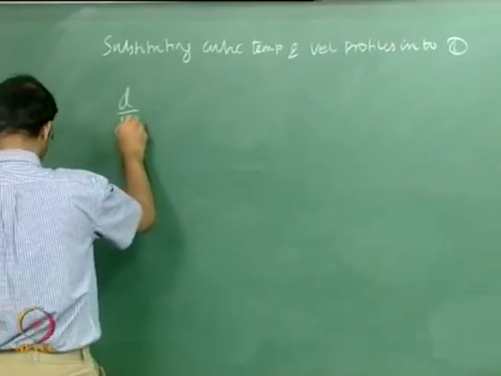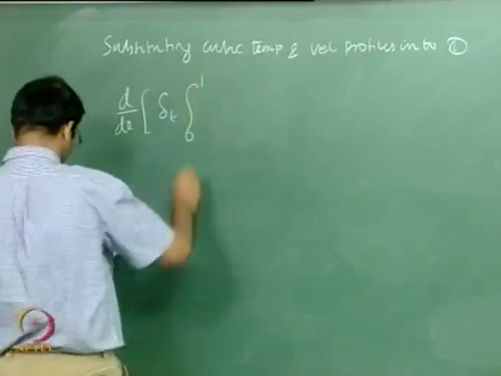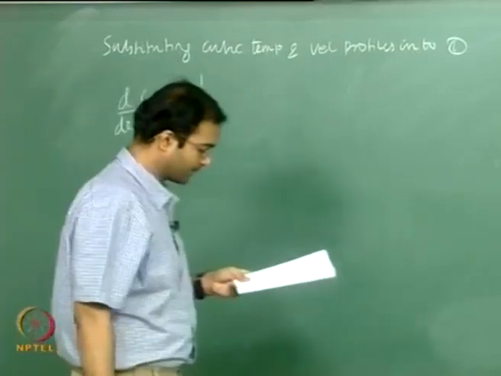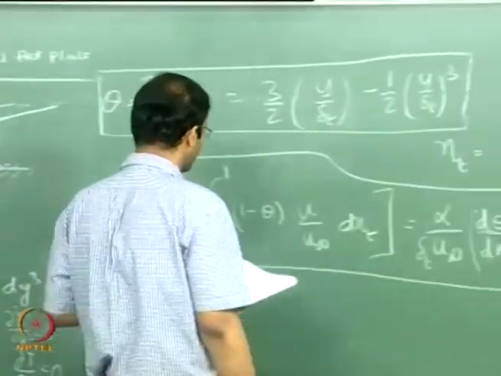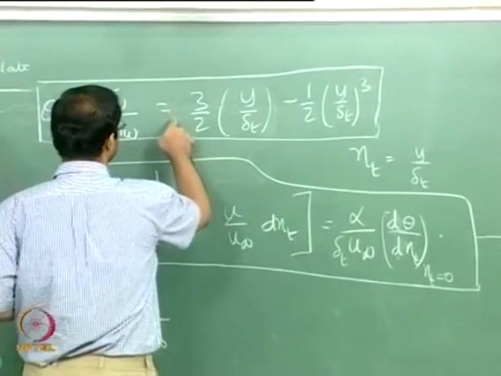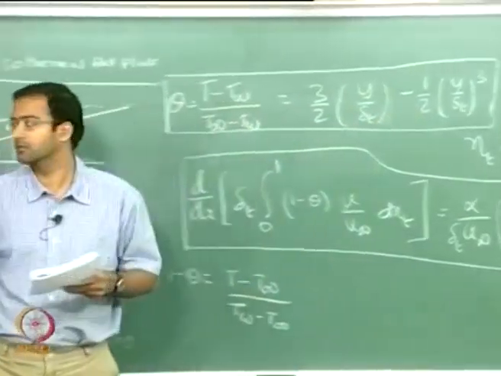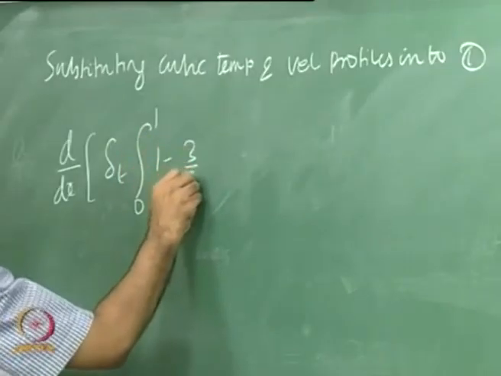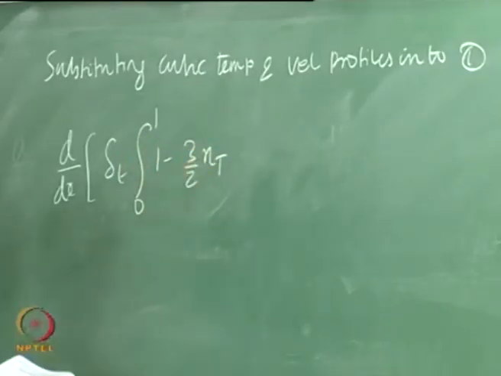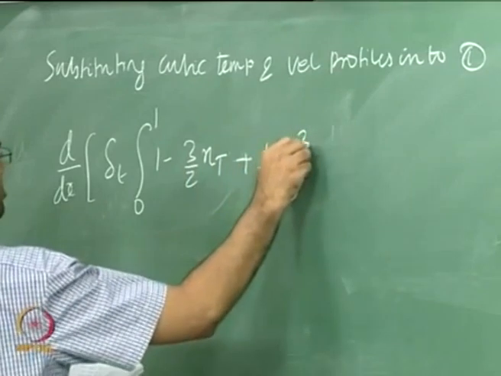d by dx, delta t, 0 to 1. My cubic temperature profile is now 1 minus theta, so that is 1 minus 3 by 2 eta t minus half eta t cube. So I can write it as 1 minus 3 by 2 eta t, and minus of minus is plus, plus half eta t cube.